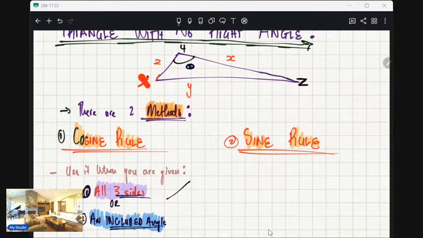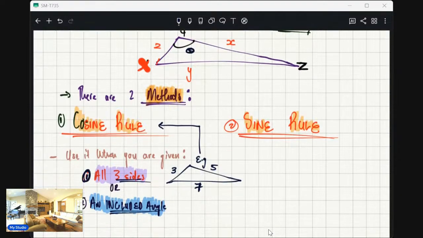So if they give you a non-right angle triangle and tell you this is 3, this is 5, this is 7, and ask us to find any angle, this is an example of a situation where you must use the cosine rule. Why? Because it has all three sides and it has no right angle. So the only method is cosine rule.